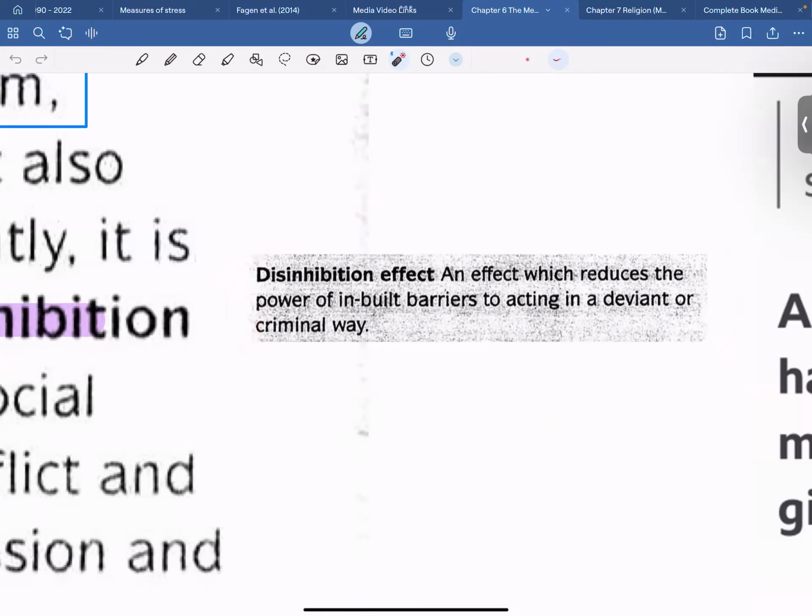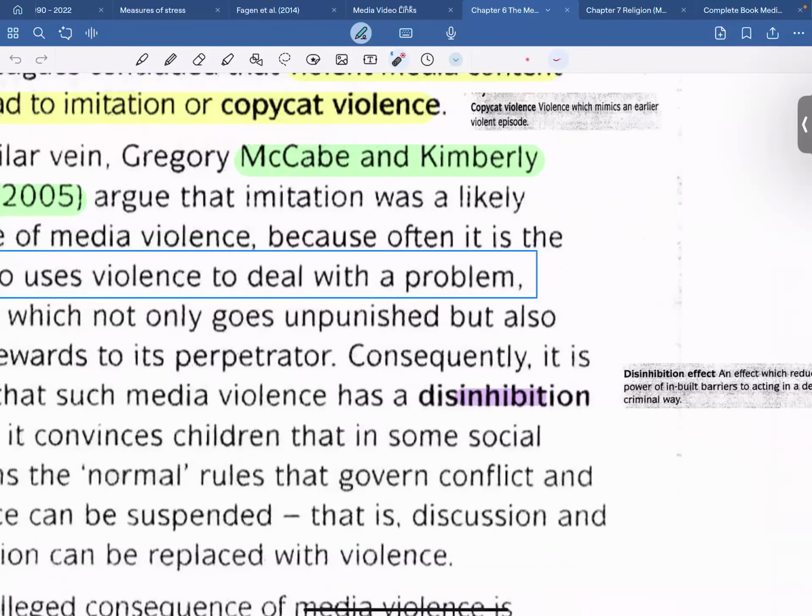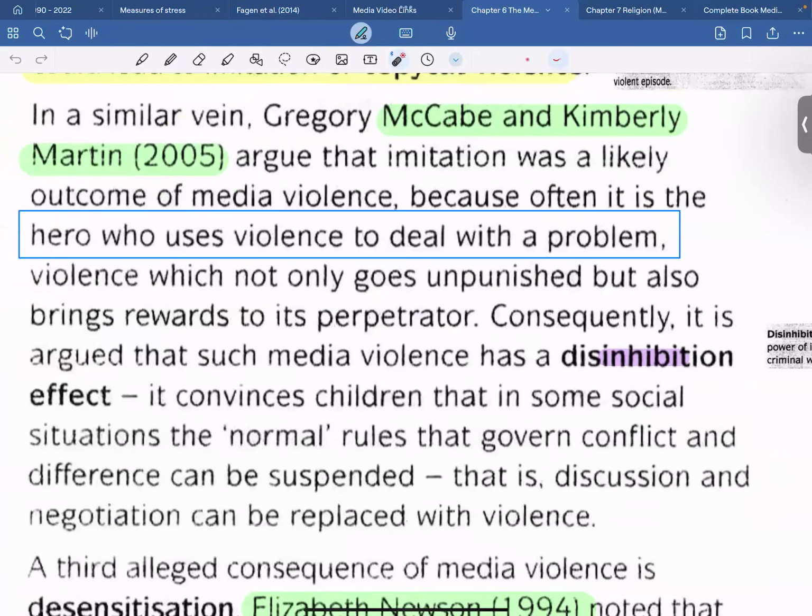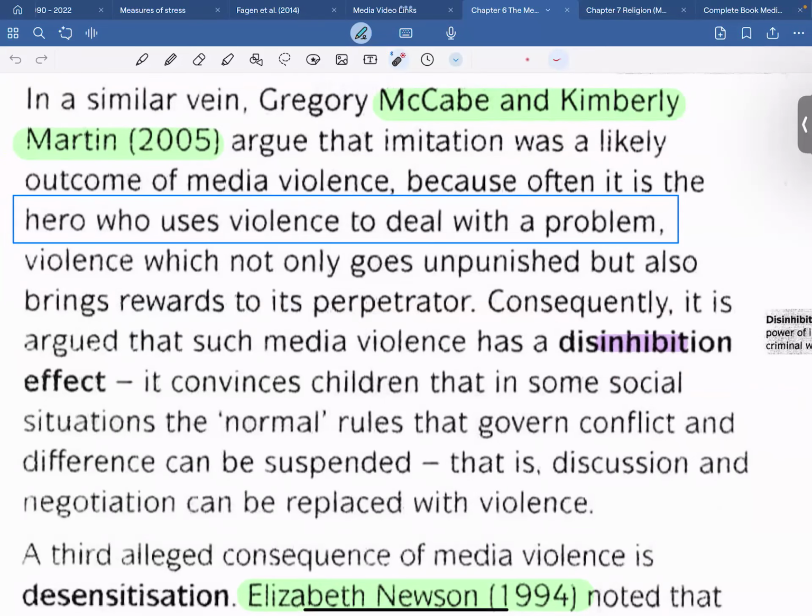In this particular context, we're talking about how violence is shown in the media as a mechanism to deal with problems. Even if you talk about Hollywood or Bollywood cinema, you see how the heroes end up using violence to get their way through, and at the same time it is shown to be a very heroic act.